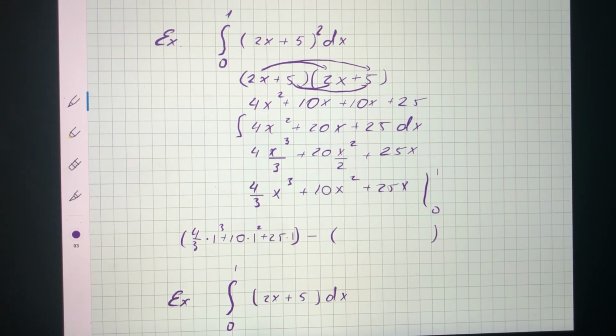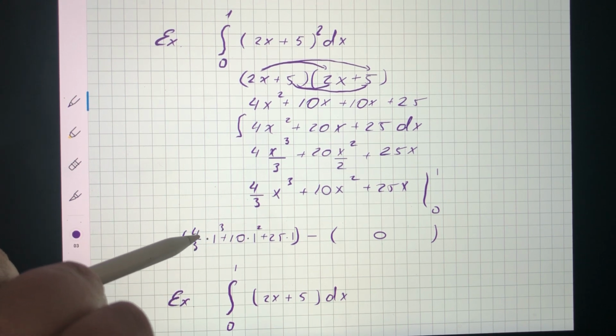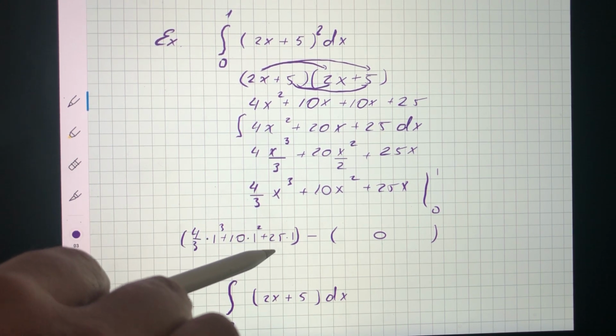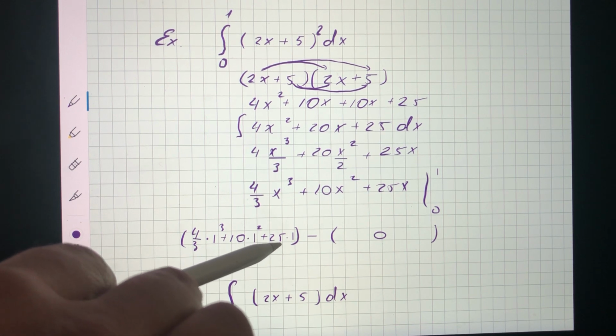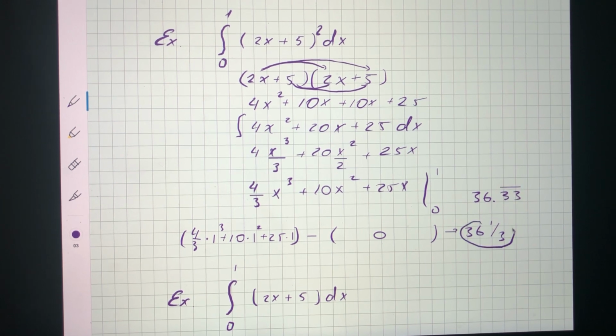Now in the second set of parentheses, everything gets multiplied by 0, which turns to 0. And 1 to any power happens to be 1. So we have just 4/3 plus 10 plus 25. 10 and 25 is 35. 35 and 4/3 happens to be 36 and a third, which is also known as 36.33 forever. So this is our final answer.